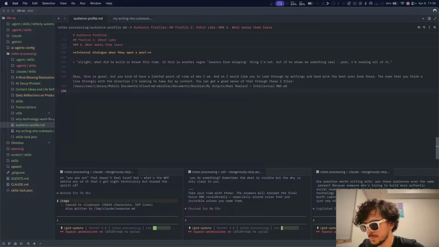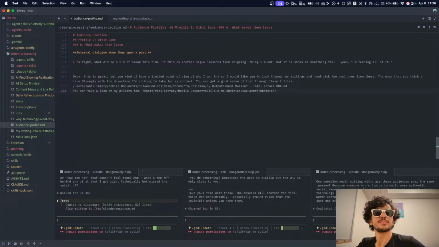What else? What's the other one? Well, I have also pillars. You can take a look at my pillars too, which is inside here. My pillars.